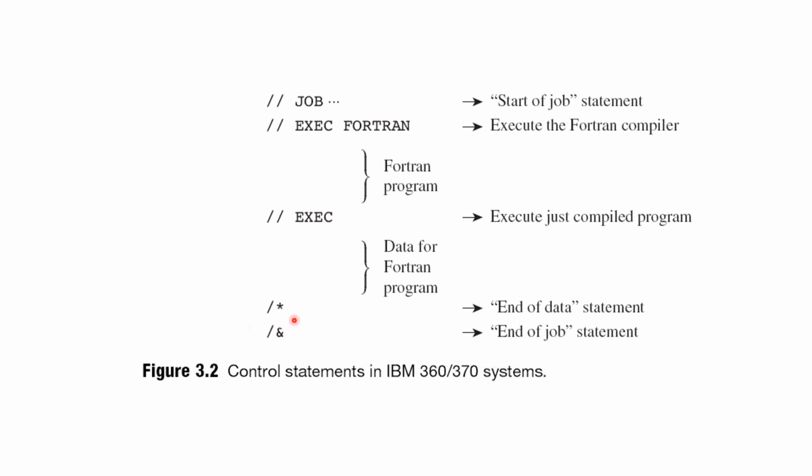So when the batching kernel reads these particular control statements, it will come to know that the data has ended and then the job has ended. So it will read the next job in the batch. And we have also talked about the special markers, right?